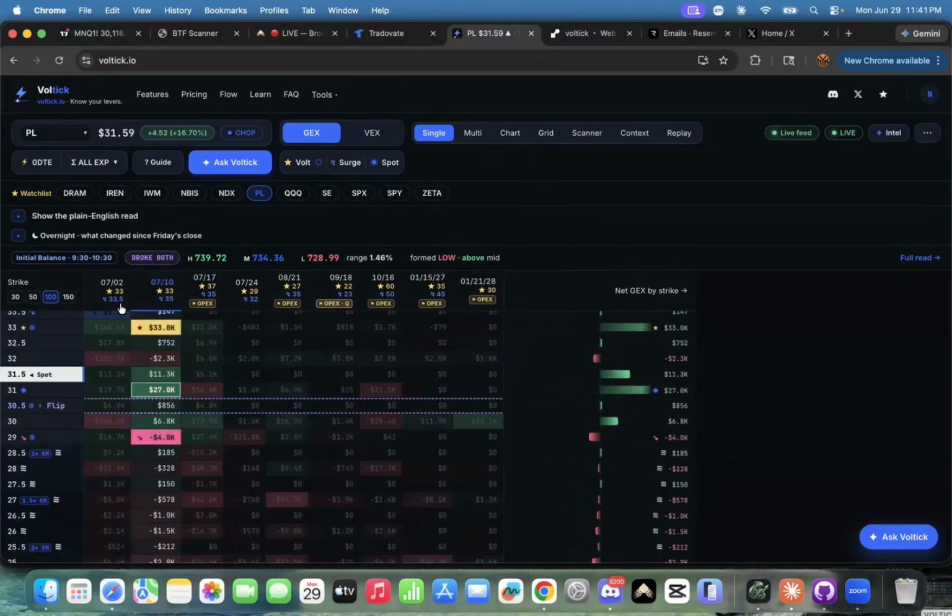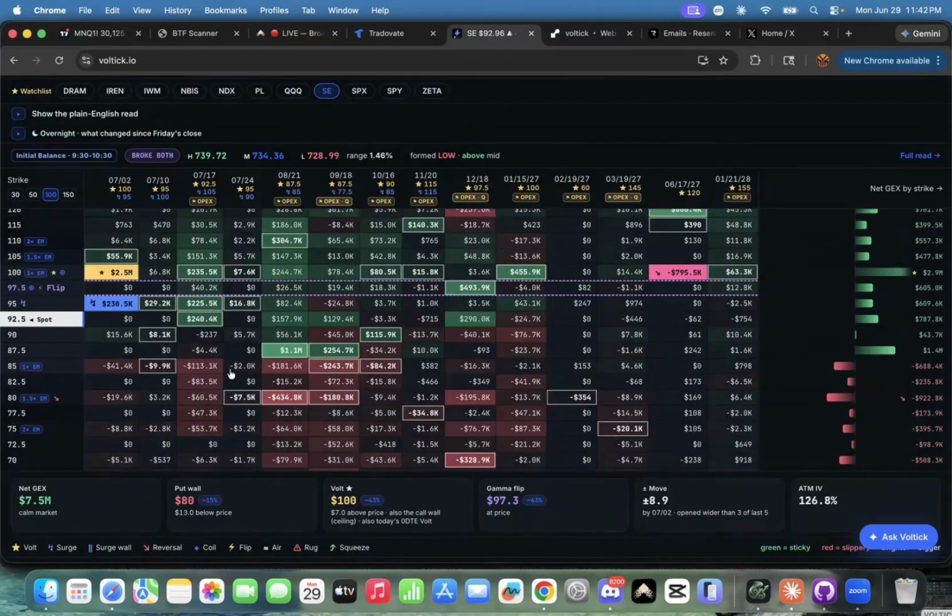You have volts higher on all 3 weeks here, and you can see the volt and the surge that we just added today, off of a couple of requests actually. All the volts are higher over the next 3 weeks. So I look for 2 to 3 weeks of confluence to take my trades, or just to give me a better idea of what the true direction should be and where we can magnetize towards.